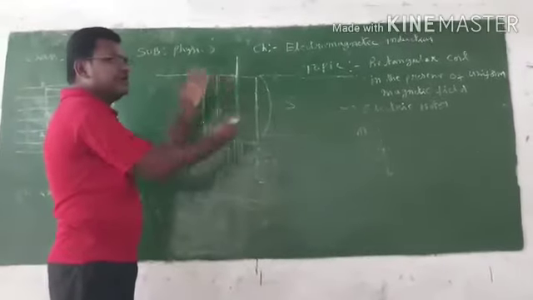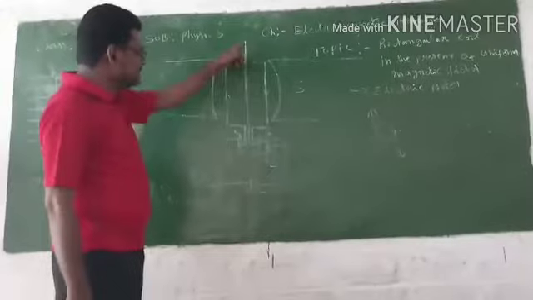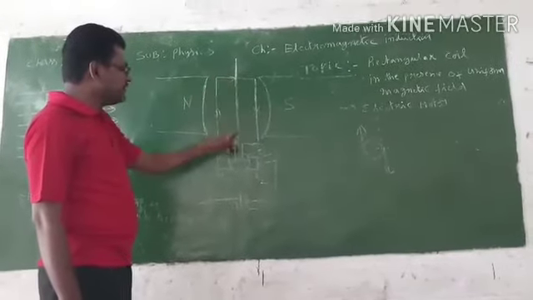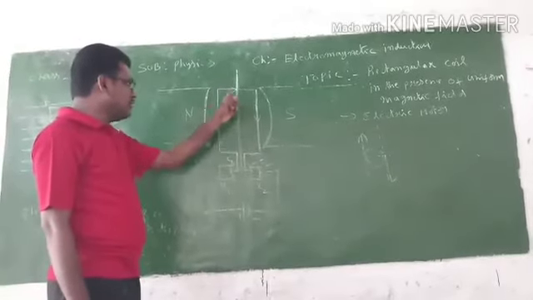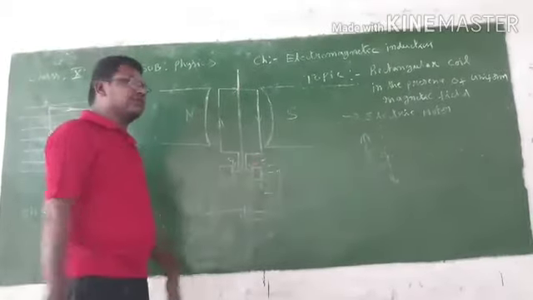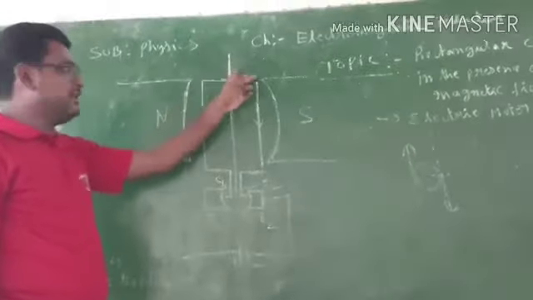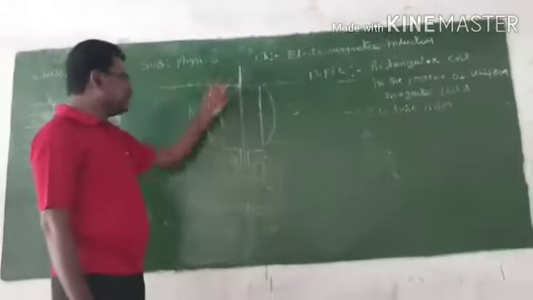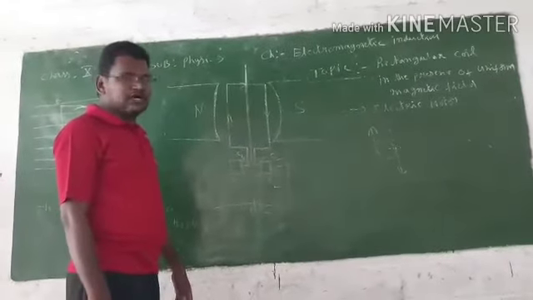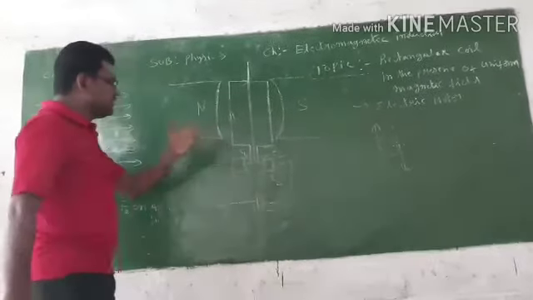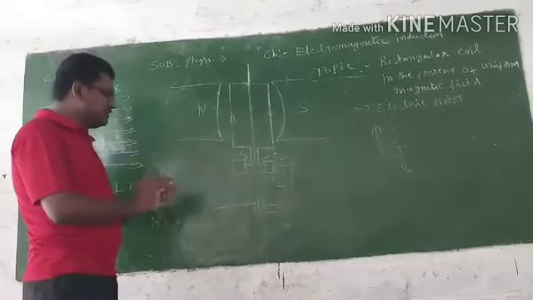Because of that, this coil continuously rotates. Here the rectangular coil continuously rotates, and there is a shaft attached to the rectangular coil. Along with the rectangular coil, this shaft also rotates, and here we can connect a wheel for an electric motor. So this is the working of the electric motor. Let's see what we do here.